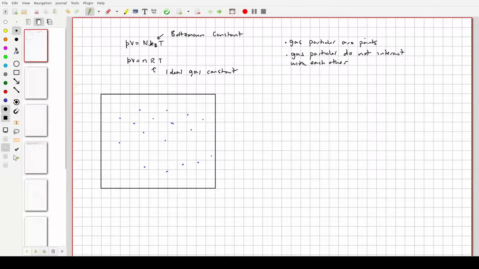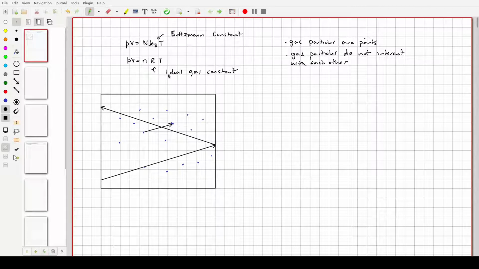As these things move through, you could have them collide, but during the collision process, they're not interacting, so they just sort of pass through each other. So a gas particle is able to go from one side of the box to the other side of the box freely with no interaction.